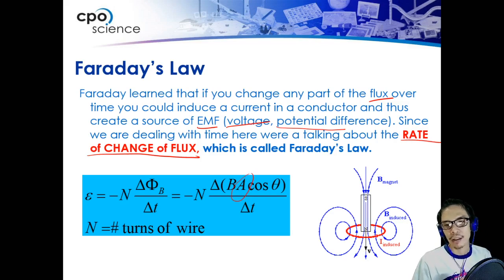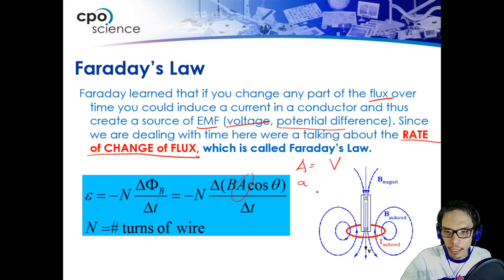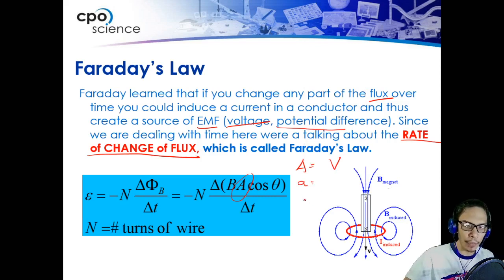So the greater the area that we have, the greater amount of voltage it creates. But if the area is small, if the area of, what are we talking about here?